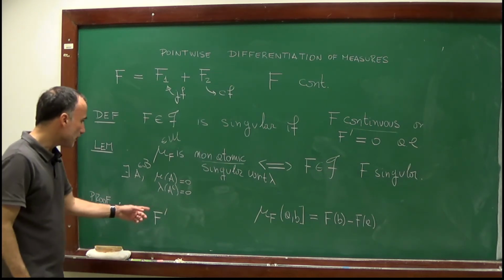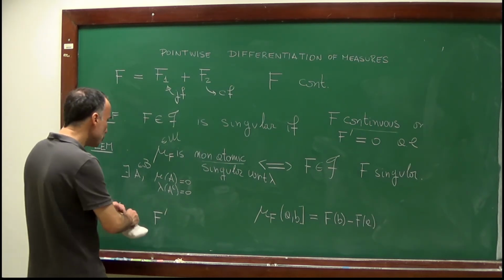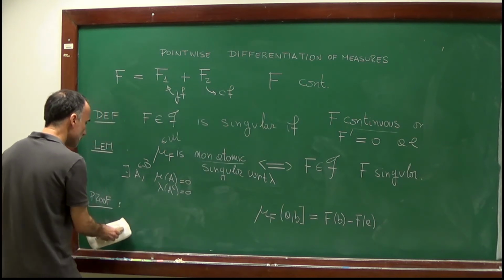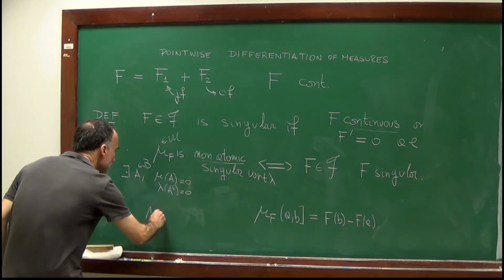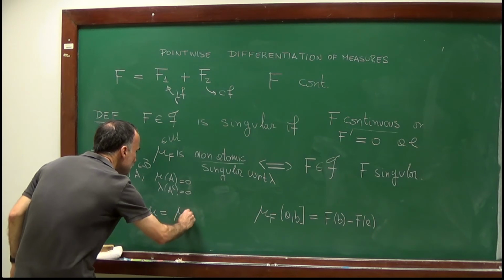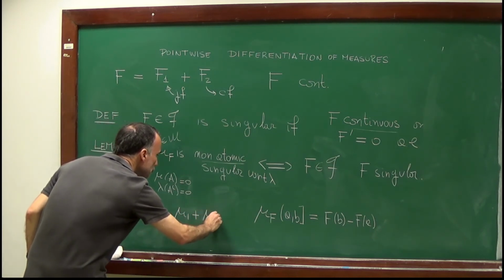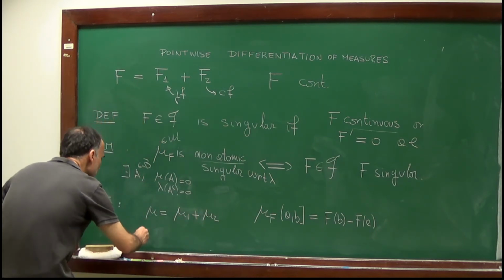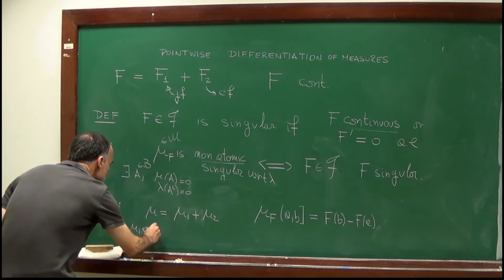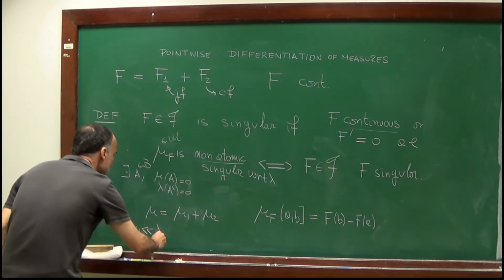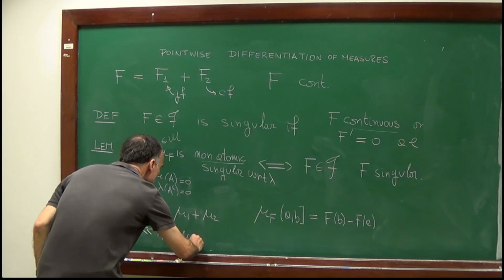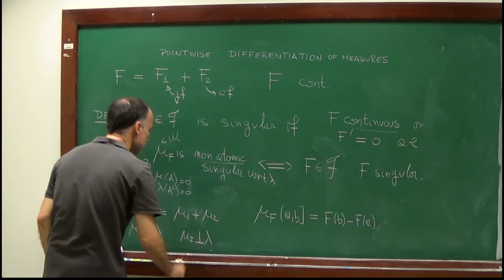So we know that mu can be decomposed as mu1 plus mu2, where mu1 is absolutely continuous with respect to Lebesgue, and mu2 is singular with respect to Lebesgue.